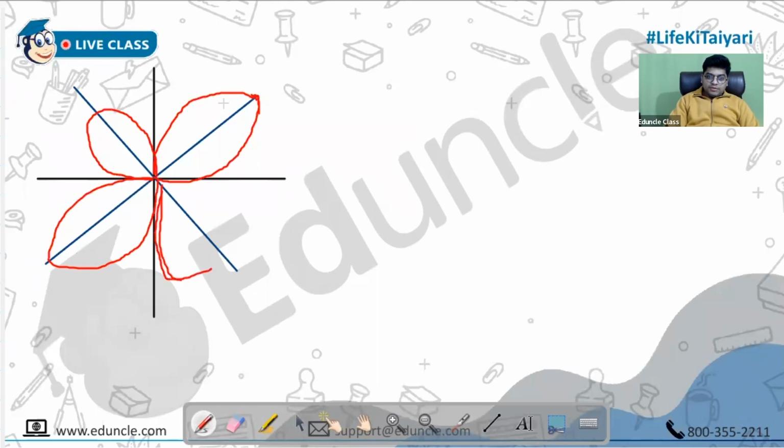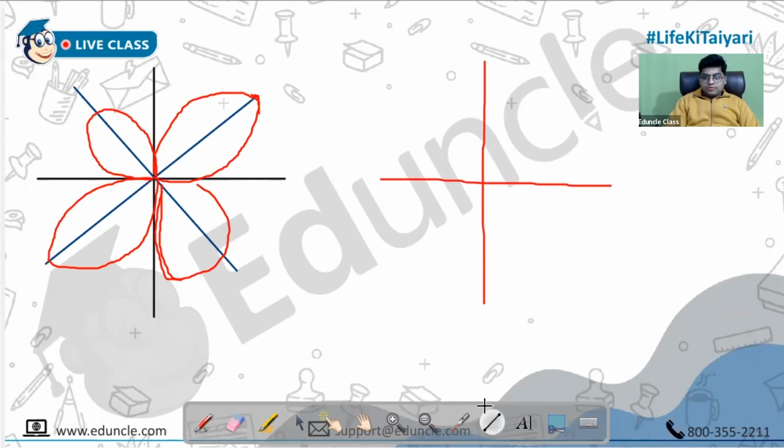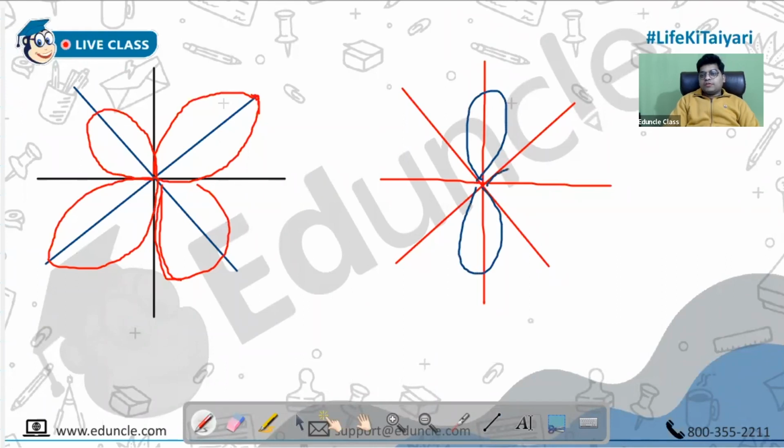And you can draw this kind of problems also. So there are so many flowers, so many petals like this.